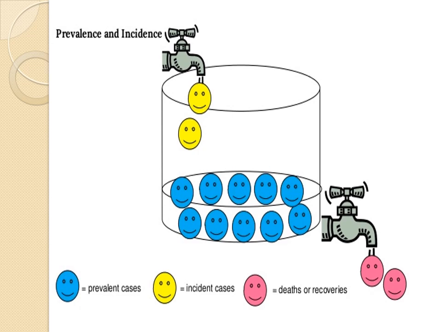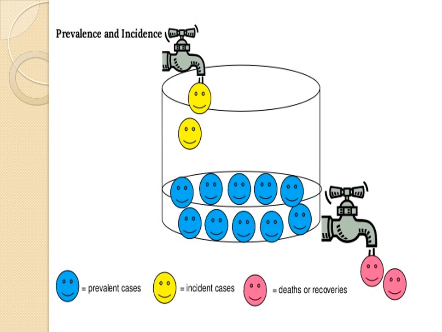If we compare these with prevalence and incidence, we can say these yellow colored water particles are incident cases because these are newly coming in, and the blue colored water particles denote the prevalent cases because these are accumulating within the drum by means of incident cases and also the old cases.